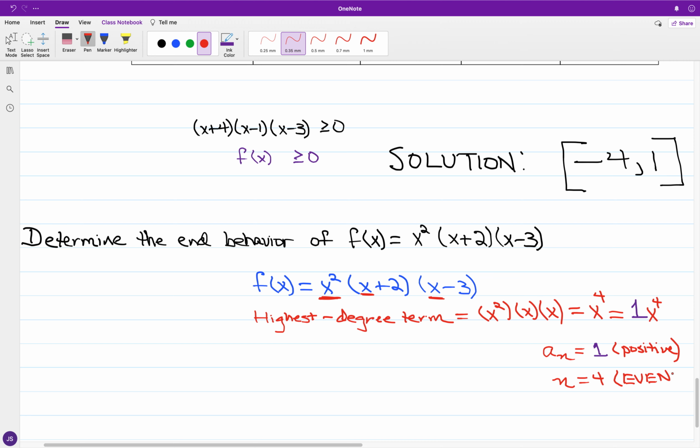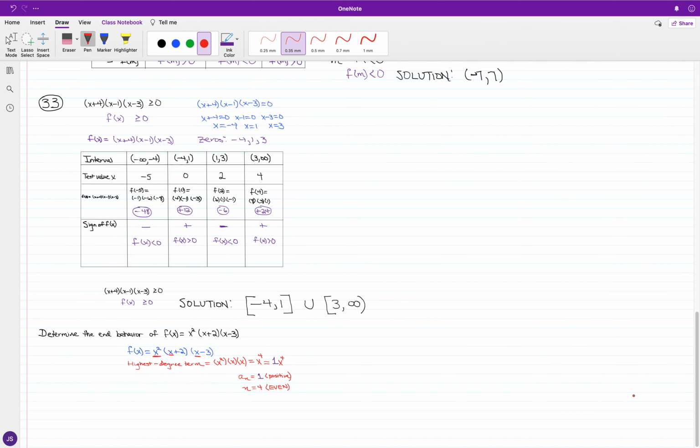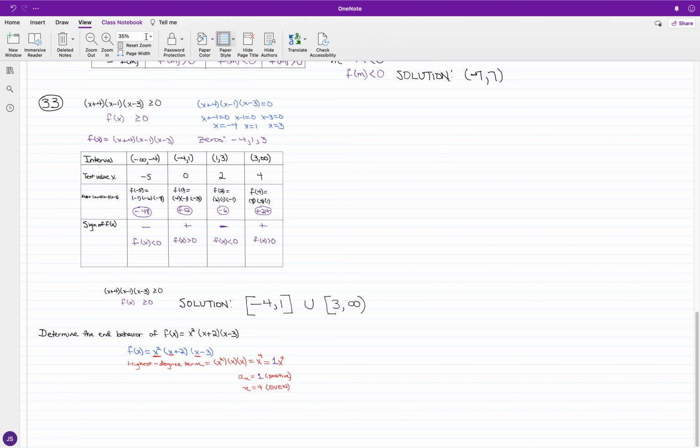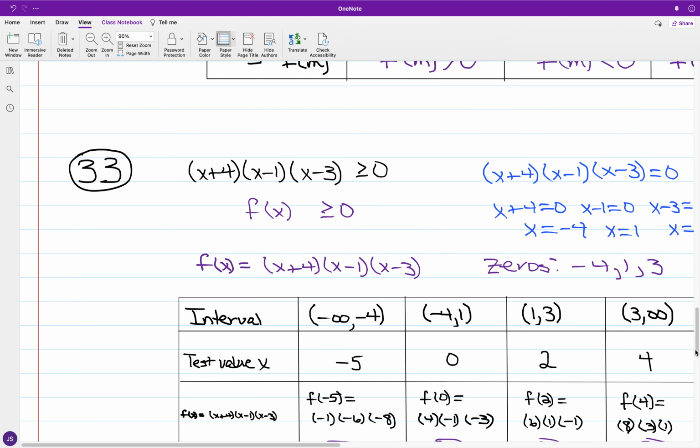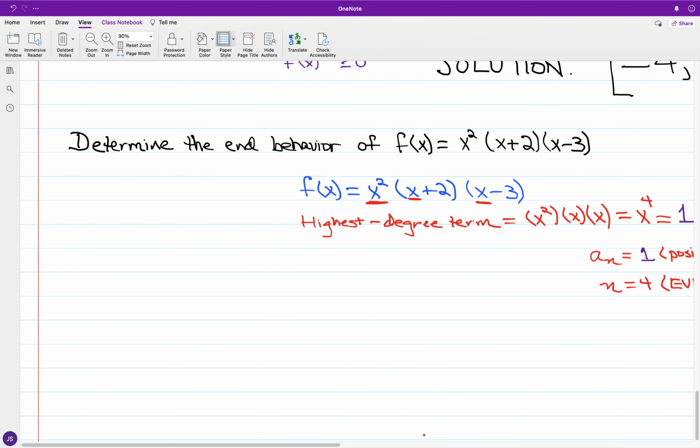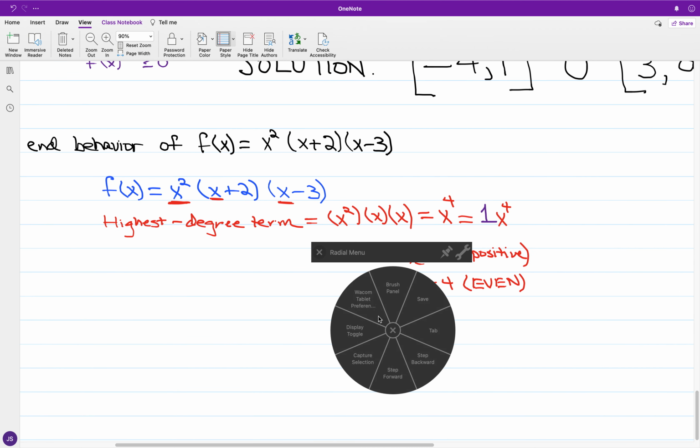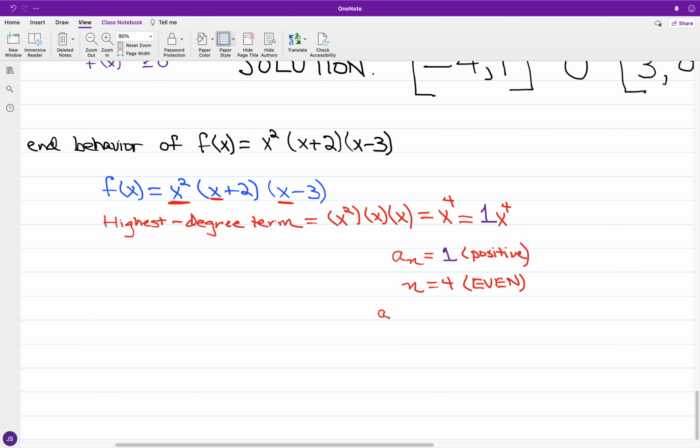The leading coefficient is positive, and the degree of the function is even. So a of n is positive, and n is even.